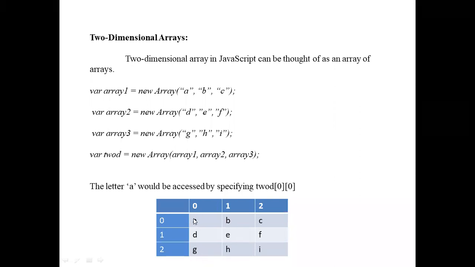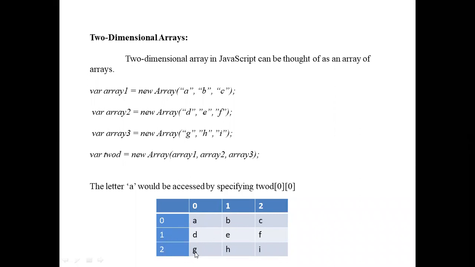Suppose the letter A is accessed by specifying 2D of 0, 0. If you want to access B, 2D of 0, 1. To access C, 2D of 0, 2. Similarly, to access the element D, it is 2D of 1, 0. The indexing is 1, 0, 1, 1, 1, 2.